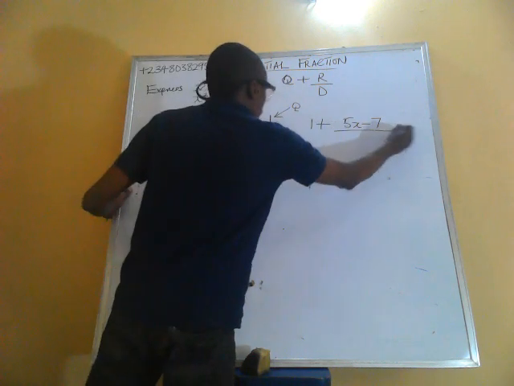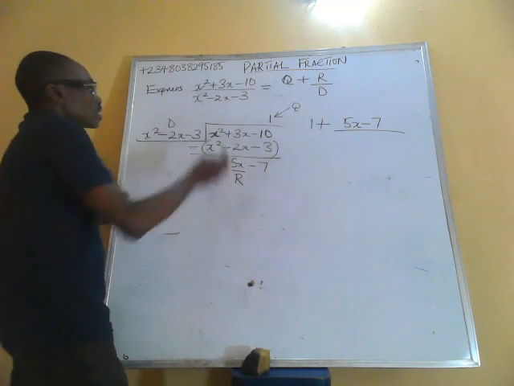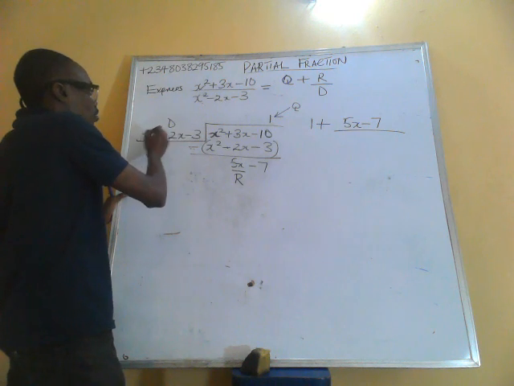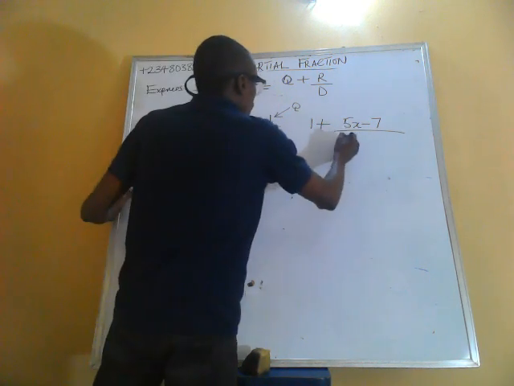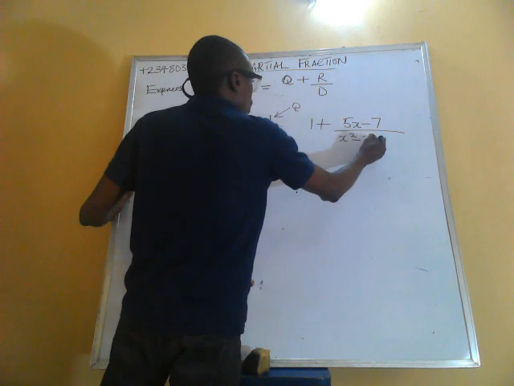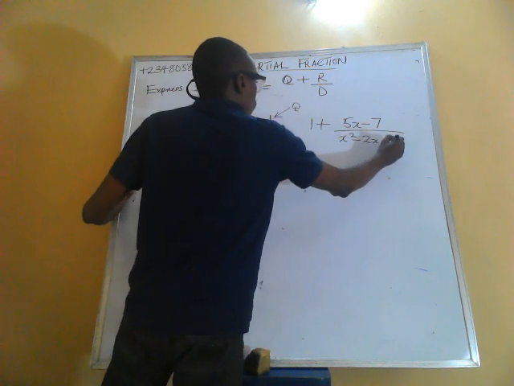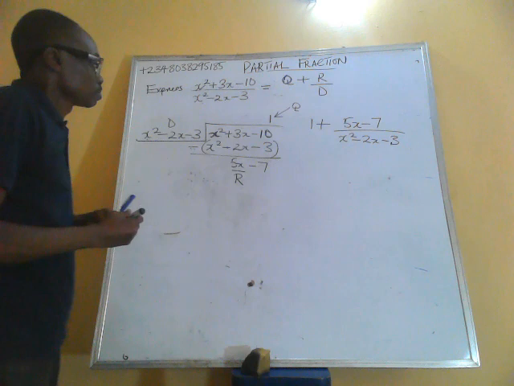Then our divisor is x squared minus 2x minus 3. Okay.